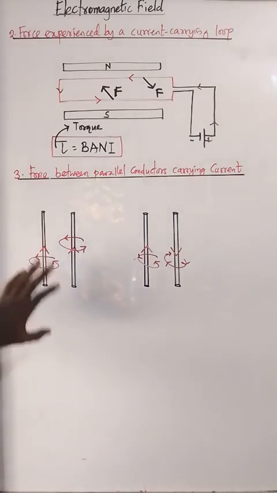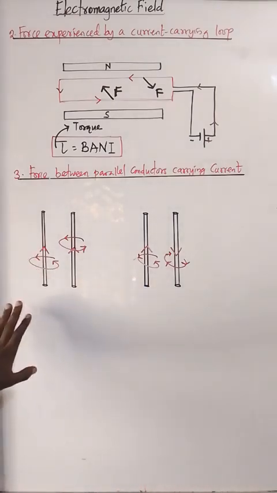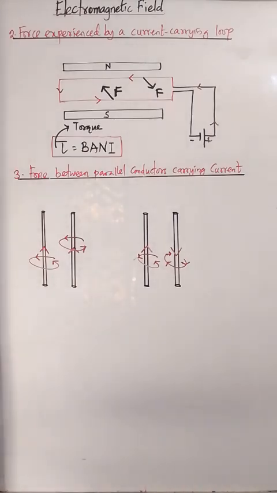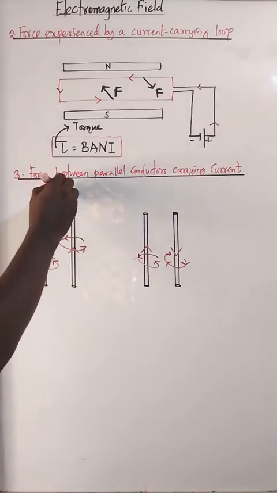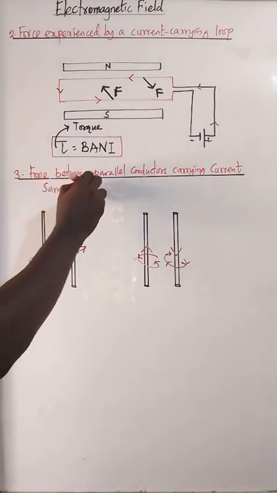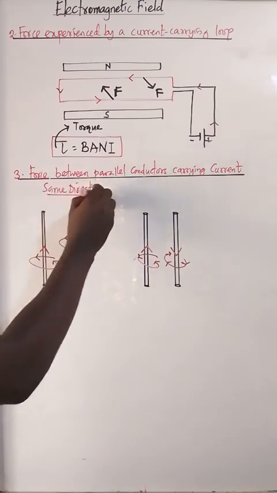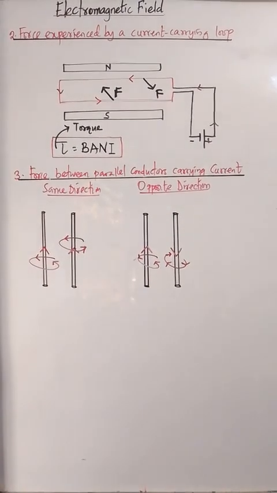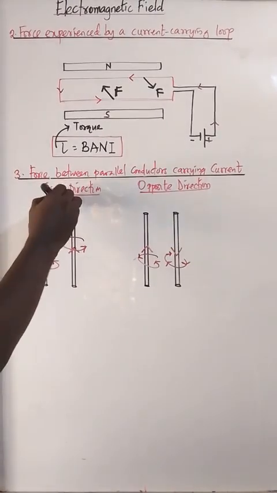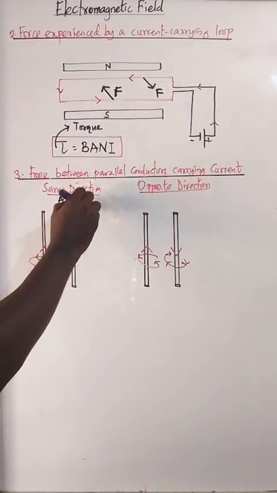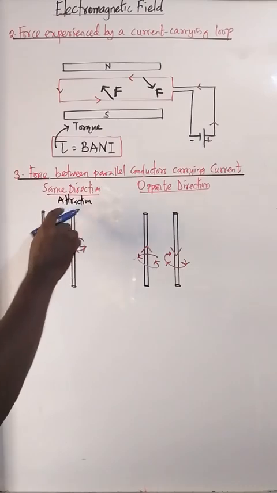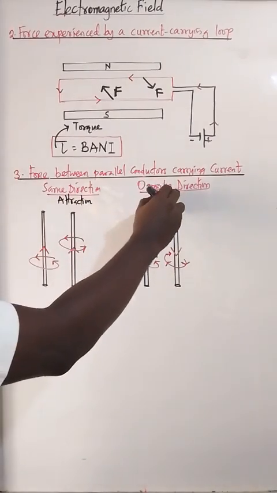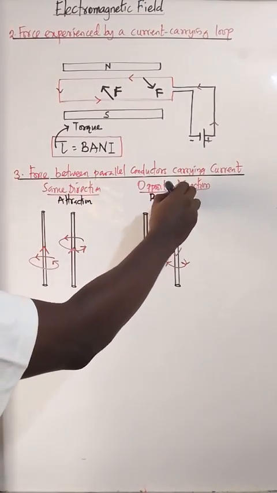So if we draw the magnetic pattern of these two, this one, they carry current in same direction. For this, they carry current in opposite direction. At the end of the day, for these two, we notice that the force between them will be attractive. So there's attraction here, and here there will be repulsion.